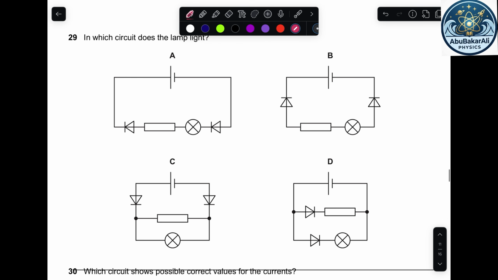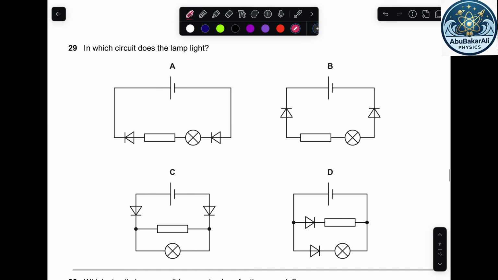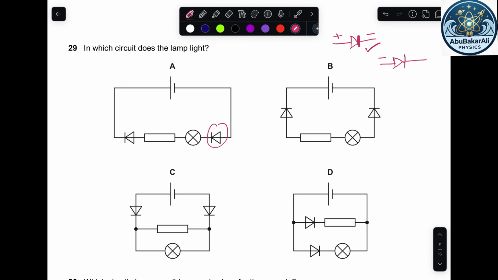Moving forward, question 29. In which circuit does the lamp light? Okay, so there is a diode in it. You need to know the diode only allows the current to flow in one direction. It will allow the current to flow when this side is positive and this is negative. When the diode is attached like this, that this is negative and this is positive, the current will not flow.